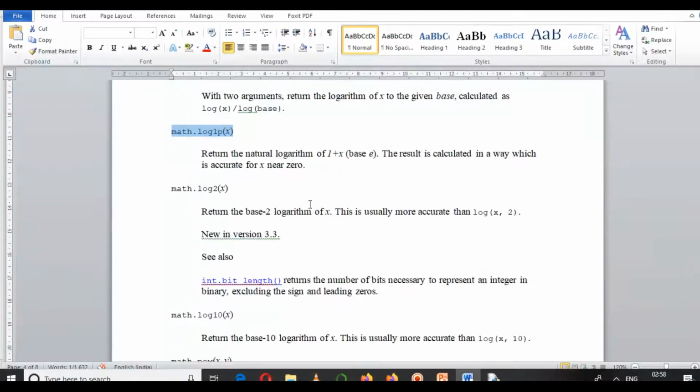Now we have math.log2(x). It returns the base 2 log of x, and this is usually more accurate than log(x, 2).